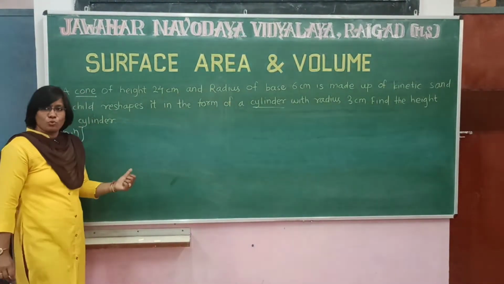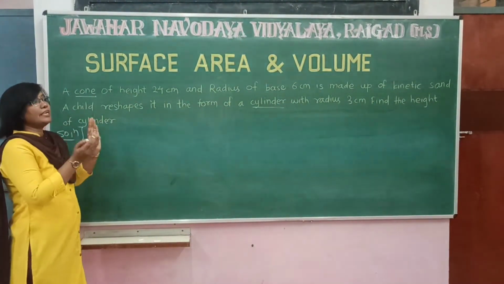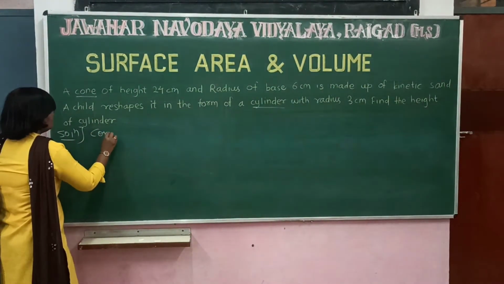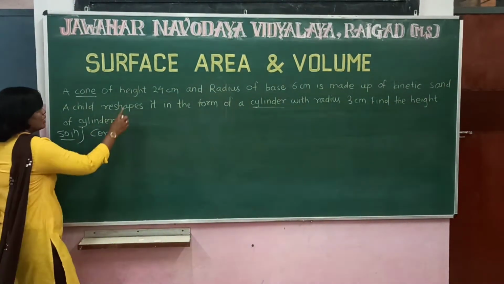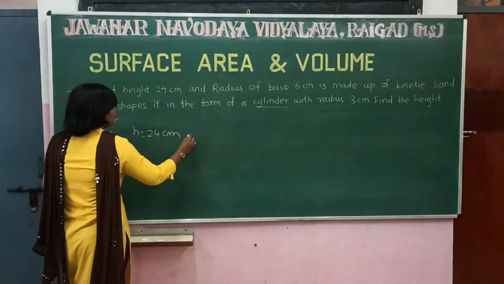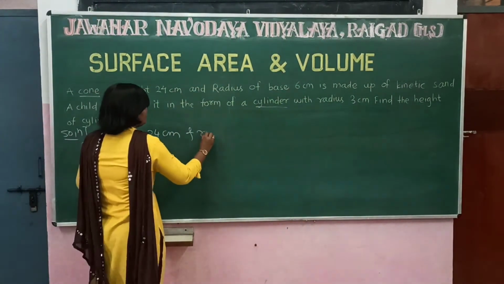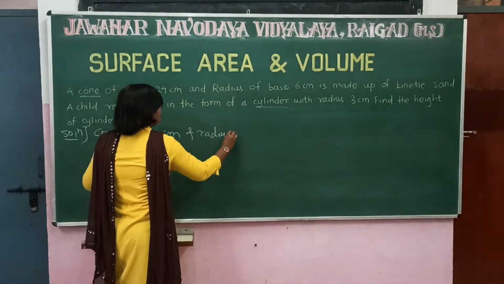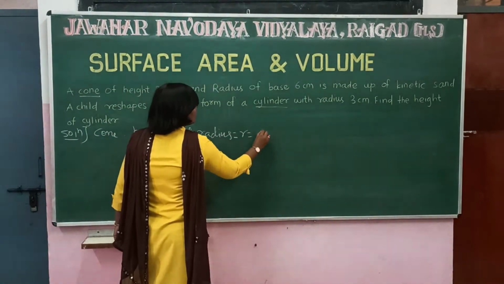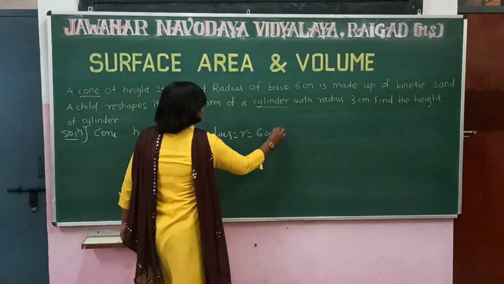Whenever you have such a question, children, write down the data that is given. So for the conical shape, we will write for cone. Height is 24 centimeter and the radius, we will denote it by r, is equal to 6 centimeter.